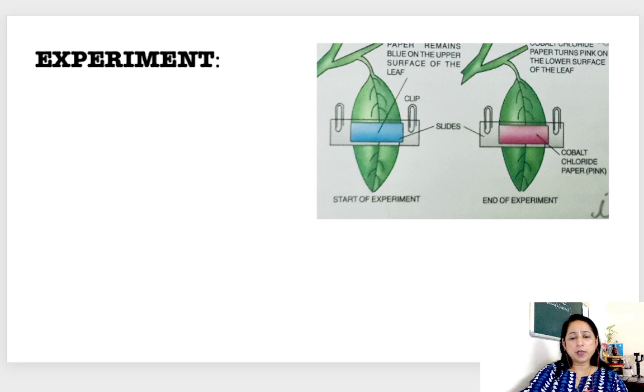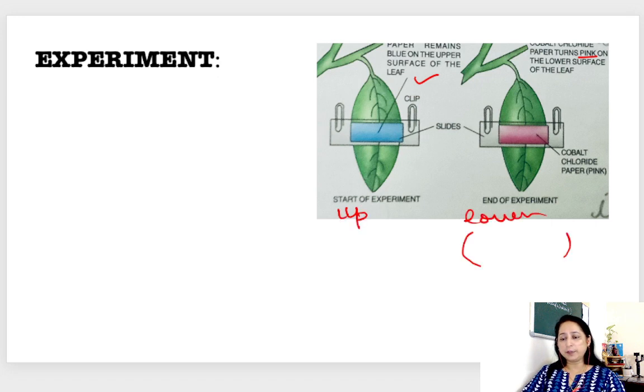The experiment which you have in your book also, where bell jars are placed and cobalt chloride paper is there, and वो अपने आप ही the color changes from blue to pink. So paper remains blue on the upper surface of the leaf, and paper turns pink on the lower surface of the leaf.